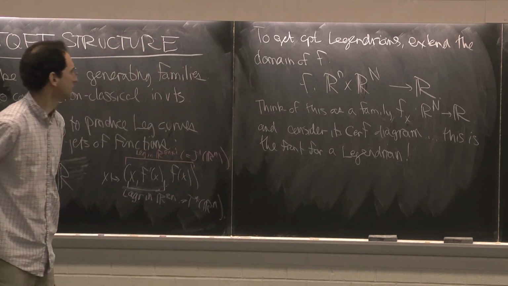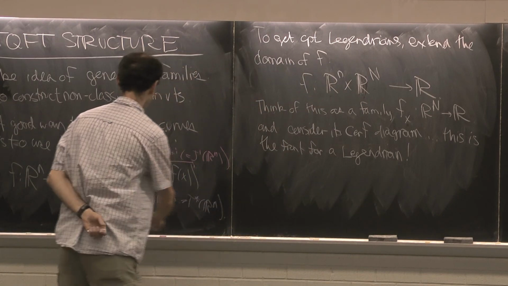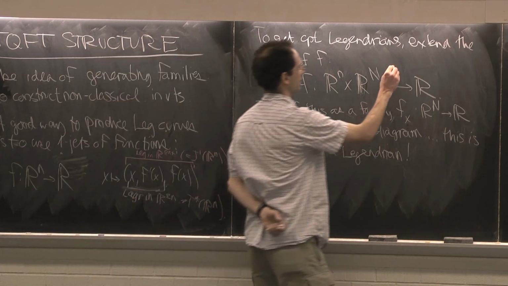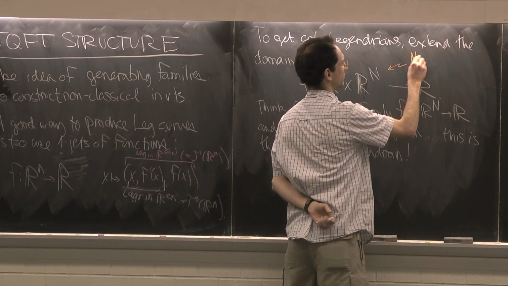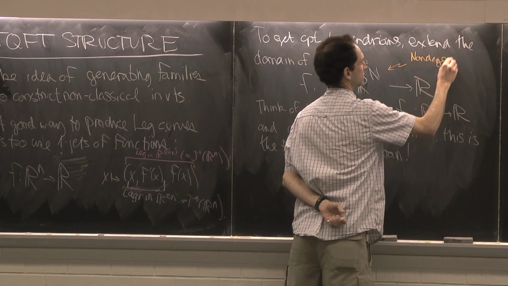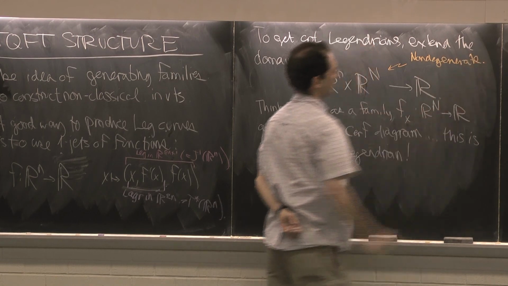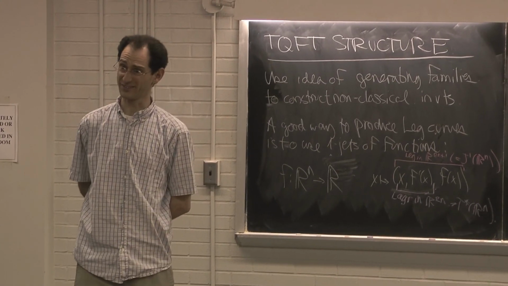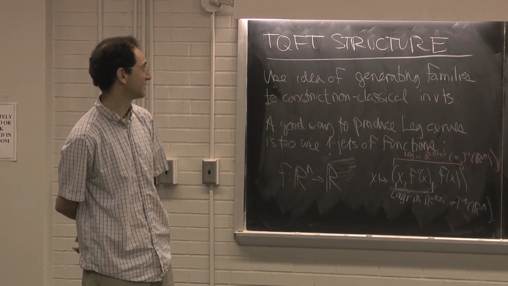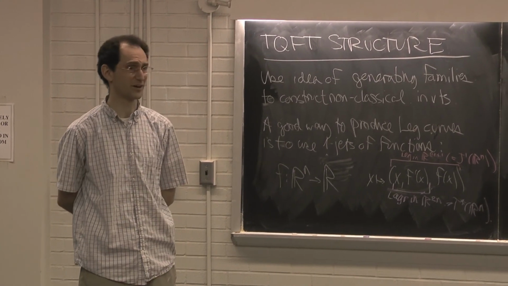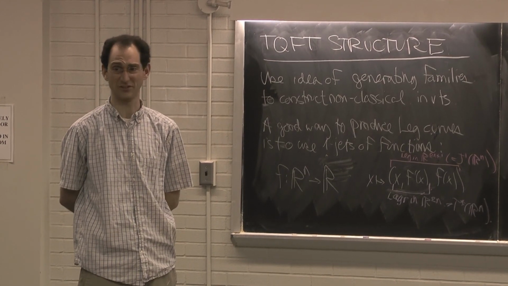By the way, let me say one thing. You can't just use any f, right? Somehow you have to have these things be nondegenerate. And the other thing is, we eventually want to do Morse theory on these things, and Morse theory on non-compact domains is not particularly fun.